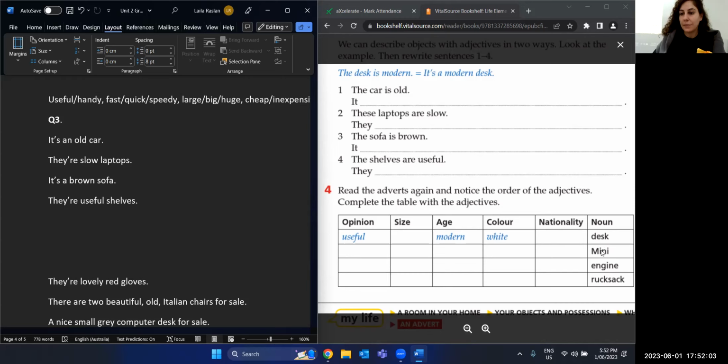Yeah, so the Mini. So the Mini, we have to look at the advertisements above. What can we say about the Mini? Do we have an opinion? They don't say in the ad, no. It doesn't say, that's not an opinion.